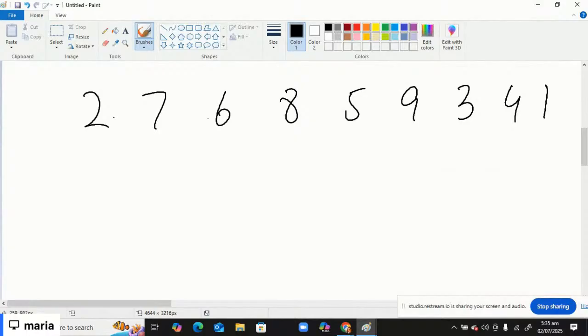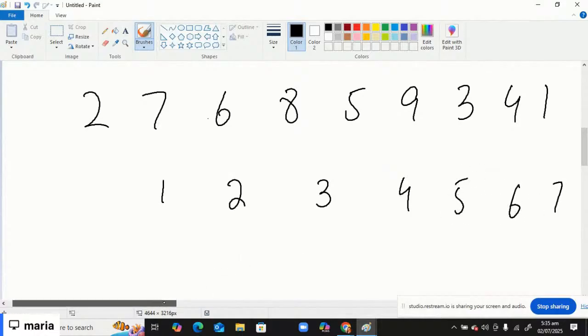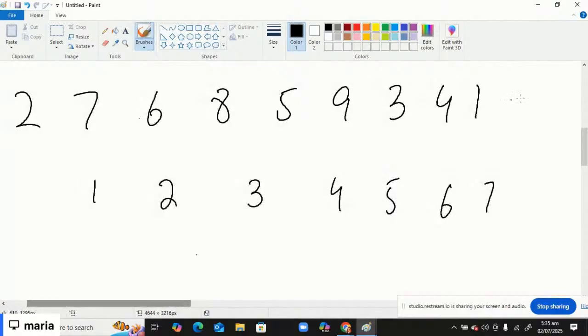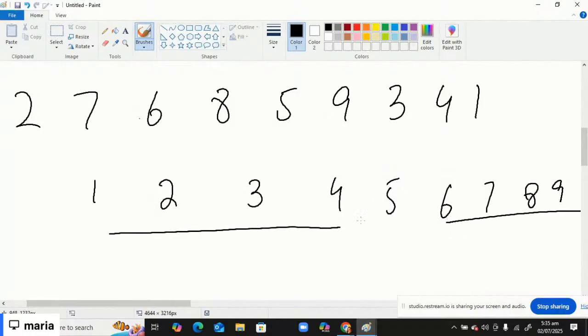We are just going to arrange the data first. 1, 2, 3, 4, 5, 6, 7, 8, and 9. Now what is the middle? 4 from this side, 4 from this side, and the middle is 5. And this is our median.